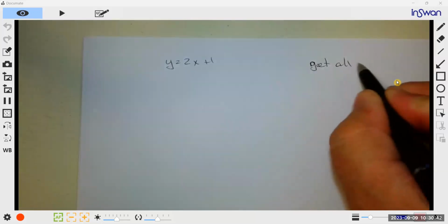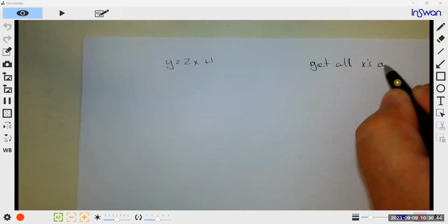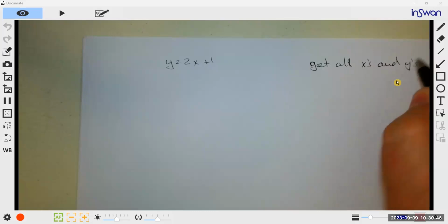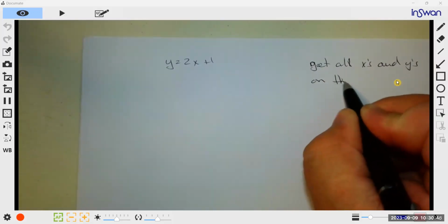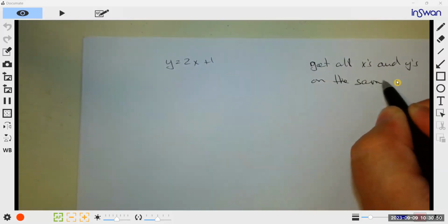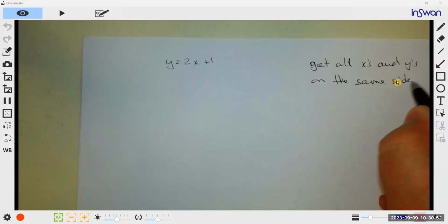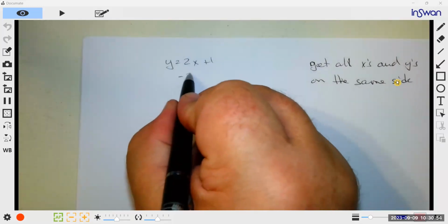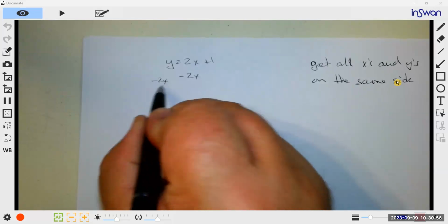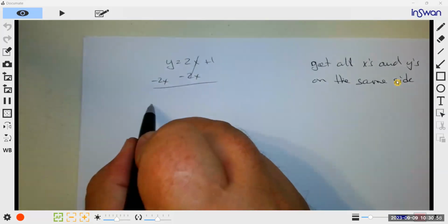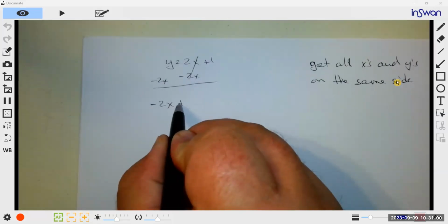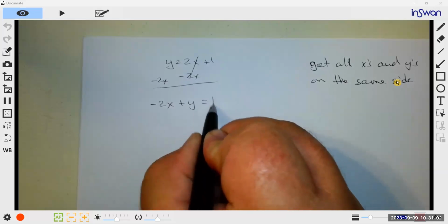Get all x's and y's on the same side. So we subtract 2x from both sides. Minus 2x plus y equals 1.